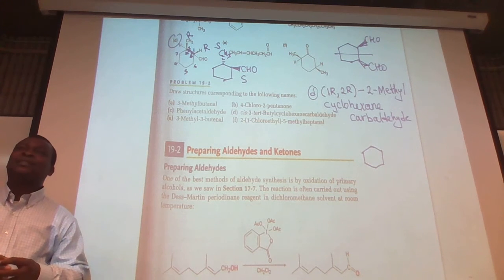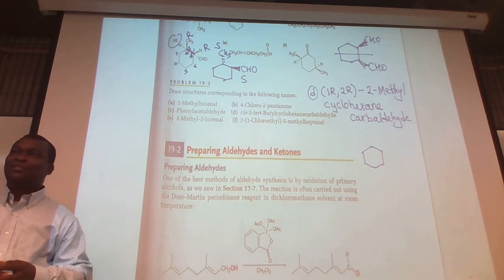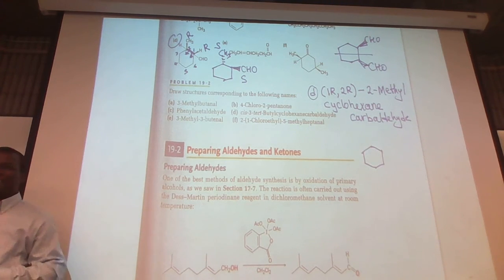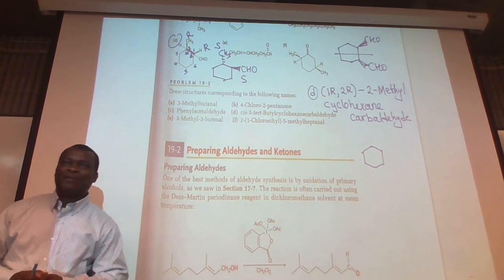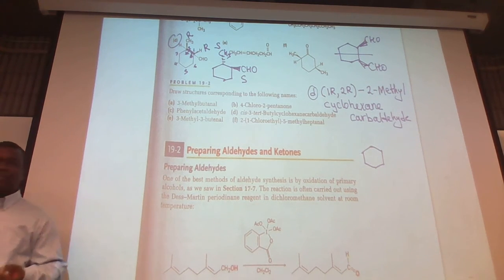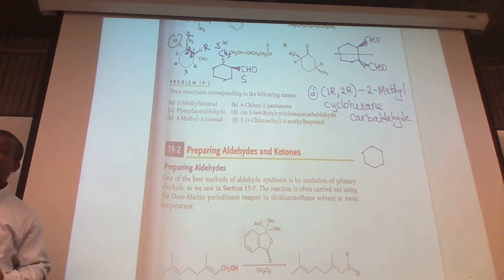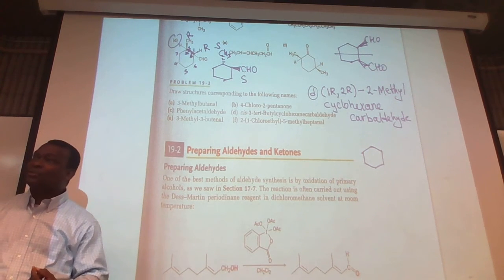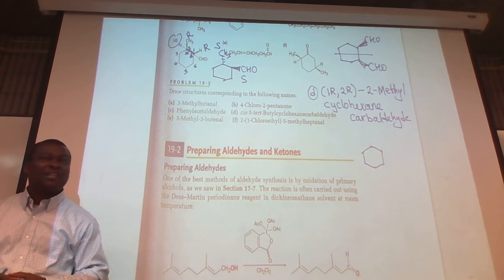It's 2 raised to power N. So if you have 1 chiral center, it's 2 raised to power 1, so you can have 2 stereoisomers. Those are enantiomers. In this case, you have 2 chiral centers, so N is 2, right? That means you have 4 stereoisomers that you can get.